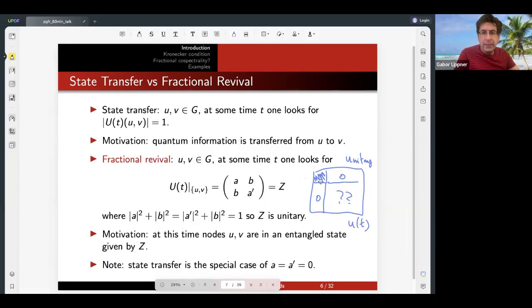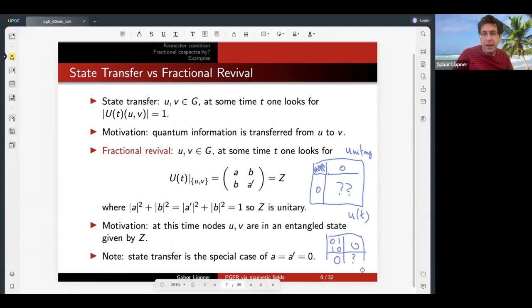And so state transfer would be a special case of this. If A and A prime are 0, then that corner matrix would just be this 0, 1, 1, 0 matrix, or some complex variant of that.